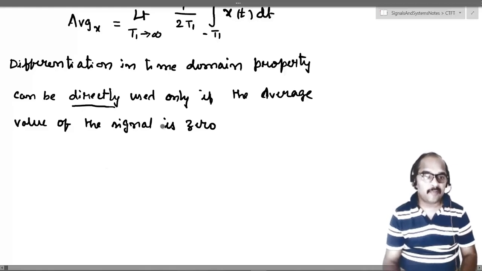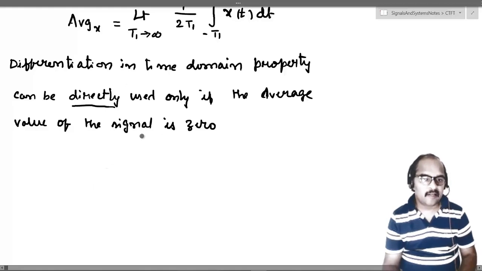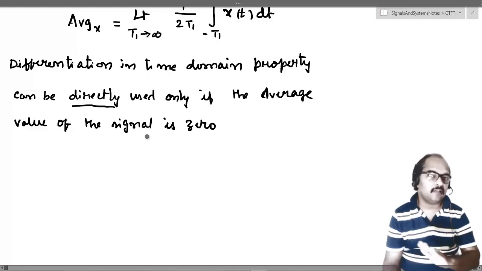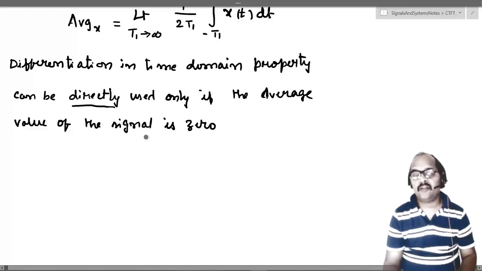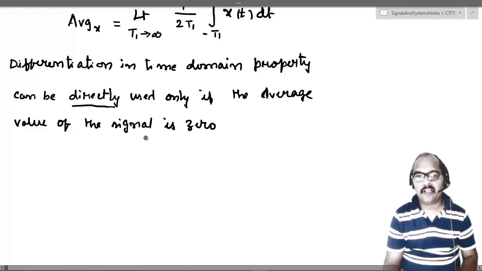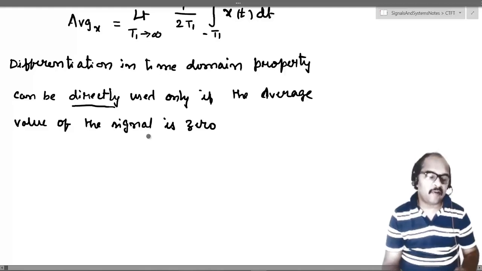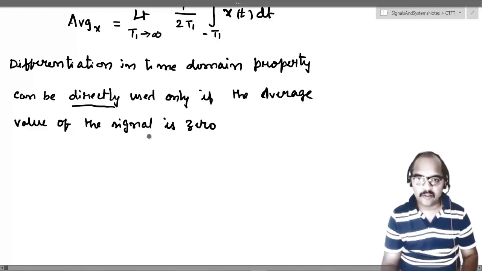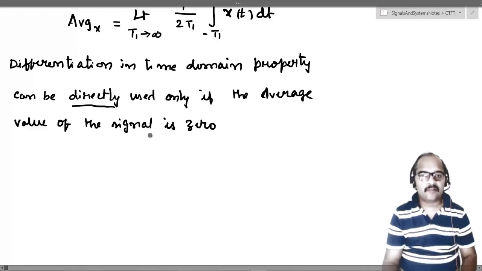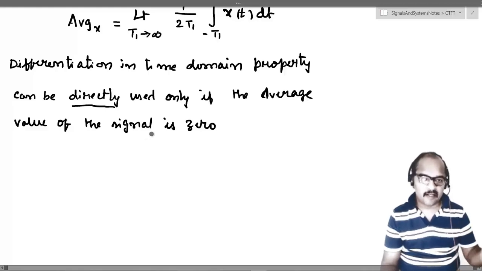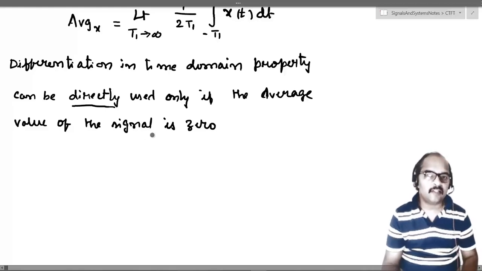For example, if the average value of the signal is not 0, then can we use the differentiation in time domain property directly? No. There is an indirect way of finding the Fourier transform of that kind of signal, but we are not going to see that one. That involves a little bit of higher mathematics called generalized functions, which is actually out of syllabus for us.